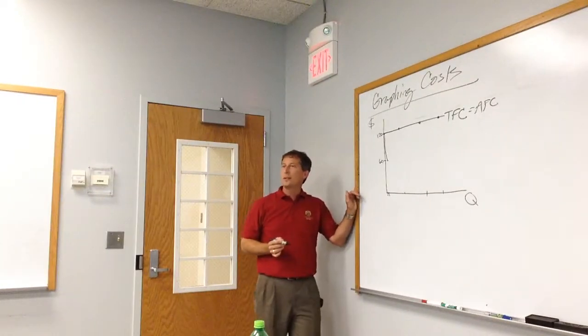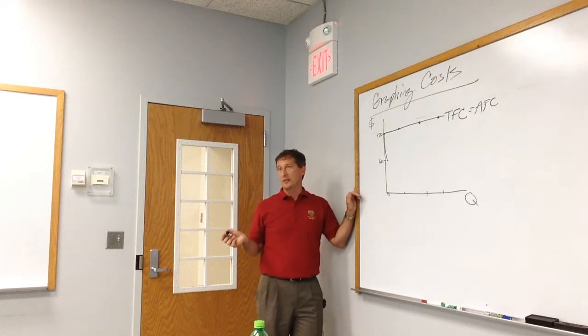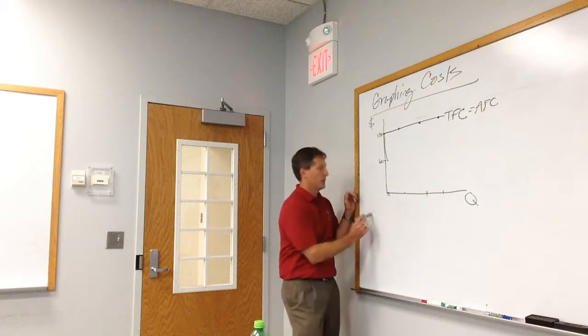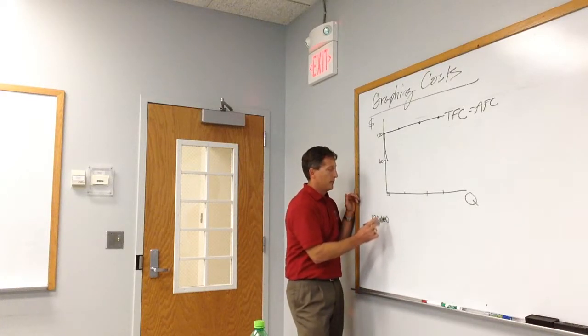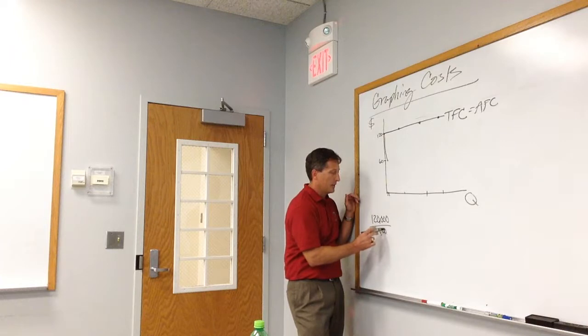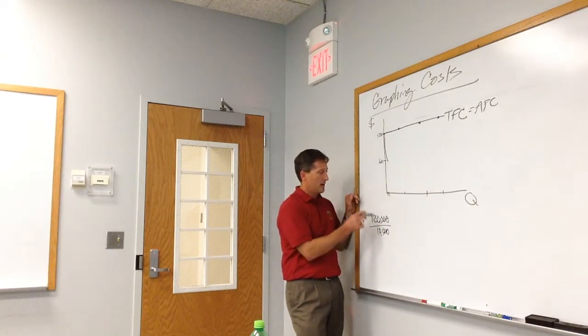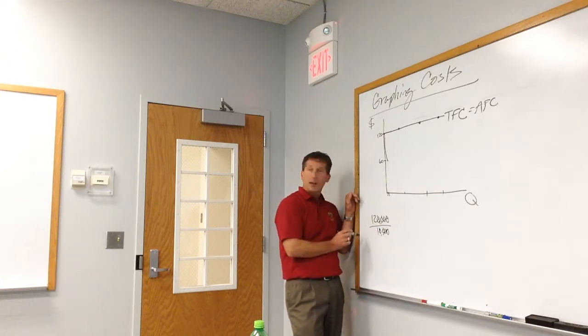All right. What was it at 10,000 units? 12. Right. So 120,000 divided by my 10,000 units. 120 divided by 10 is 12.